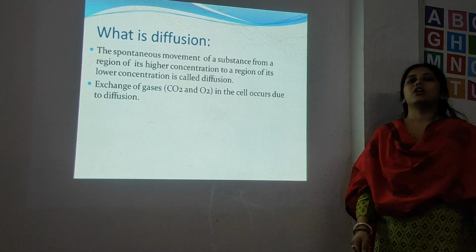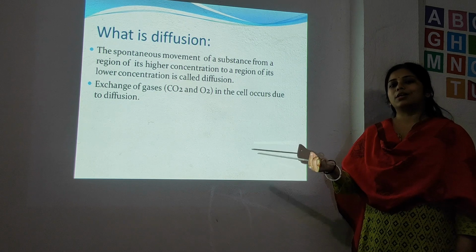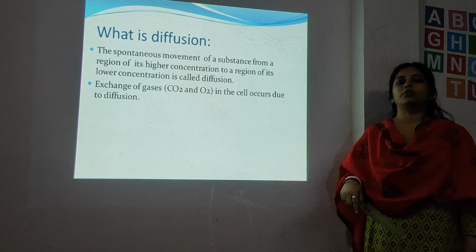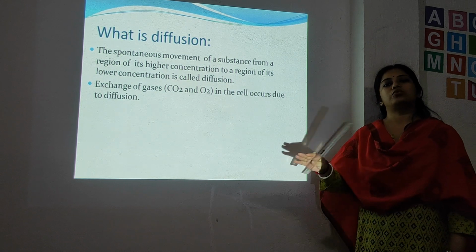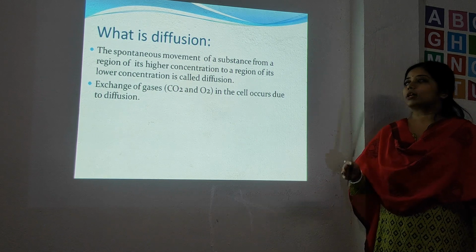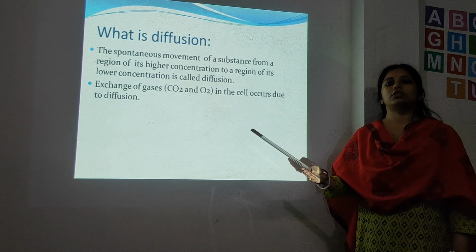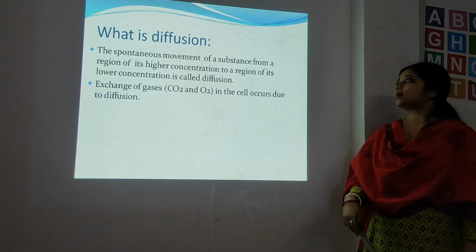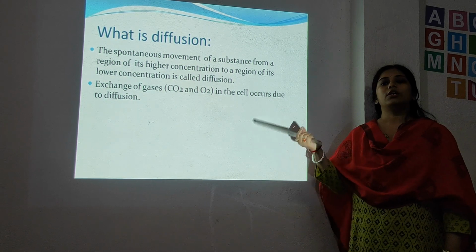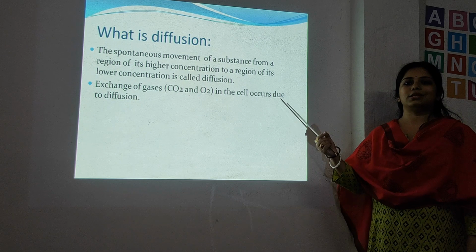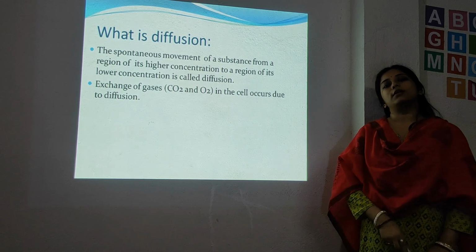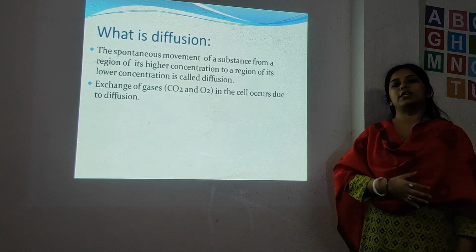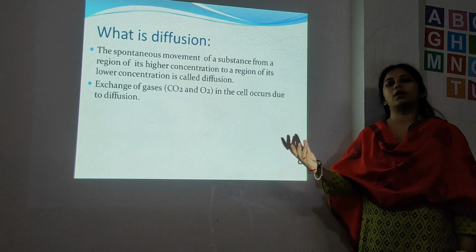You can see the diffusion process in your surroundings every time. For example, when we put a drop of any colorful substance in a bucket of water, it suddenly spreads throughout the water, and the color of the water changes into the color of the substance. Another example of diffusion is when we light an incense stick in a corner of the room, the smoke or fragrance reaches every corner of the house.